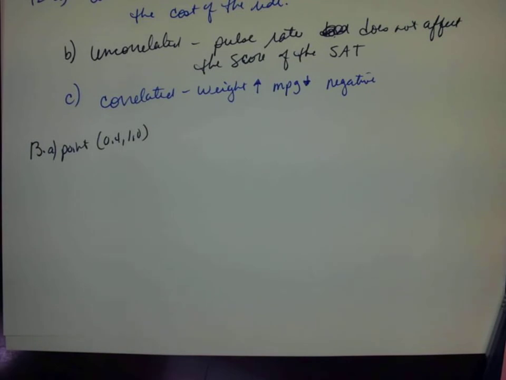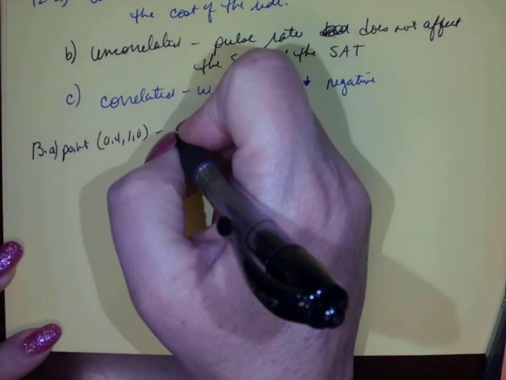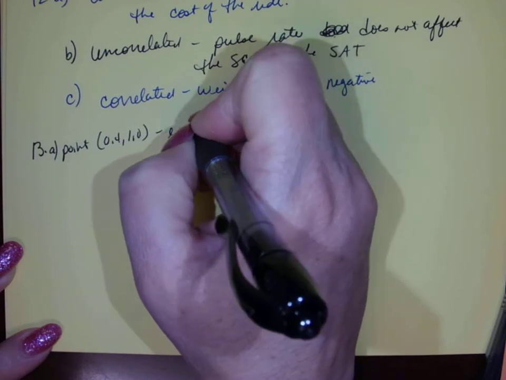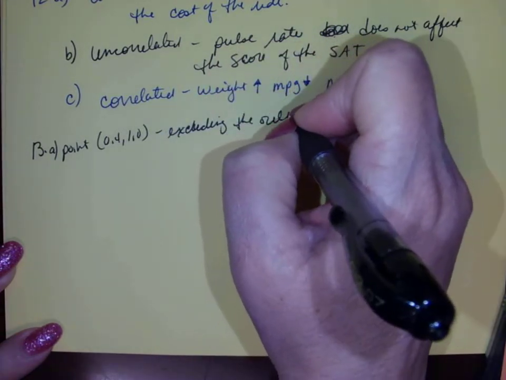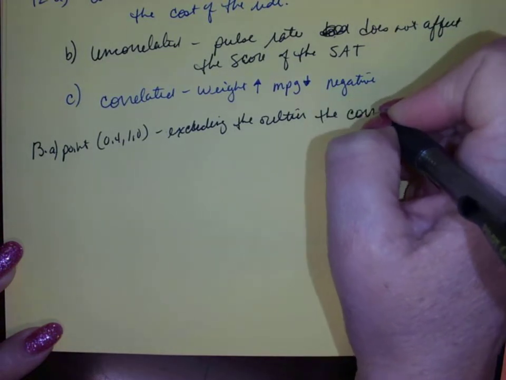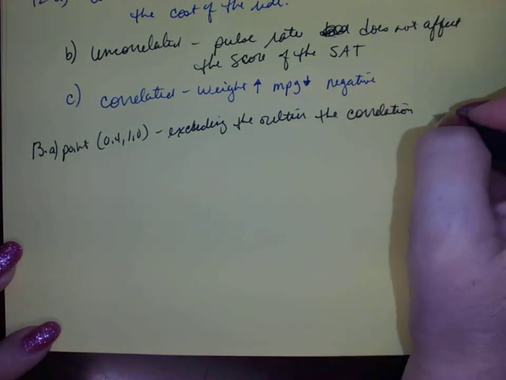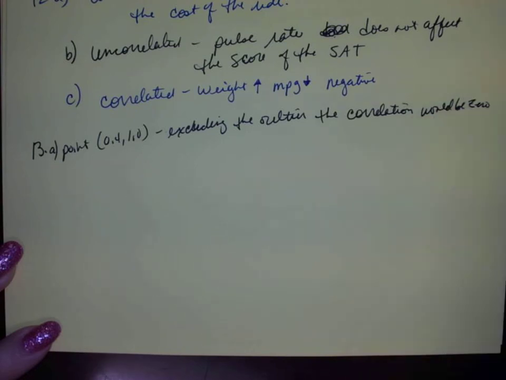It's not linear. So excluding the outlier, the correlation would be 0. Because there's no linear pattern to that.